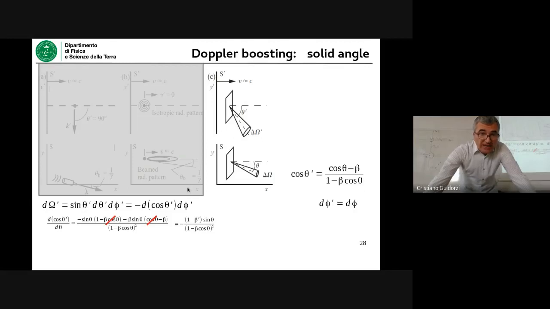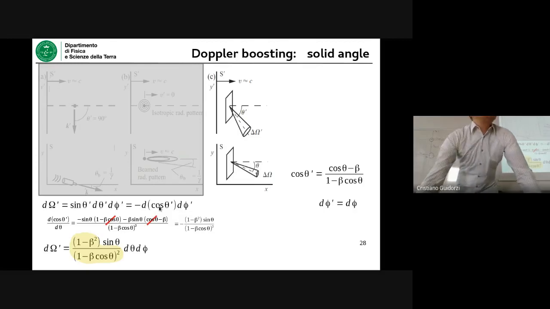And if you replace this into the formula of d omega prime, you see that d cos theta prime is just this here. And if you pay attention, you remember the definition of the Doppler factor, delta, yesterday. This is indeed delta squared. The denominator should be familiar, and then you have 1 over gamma.